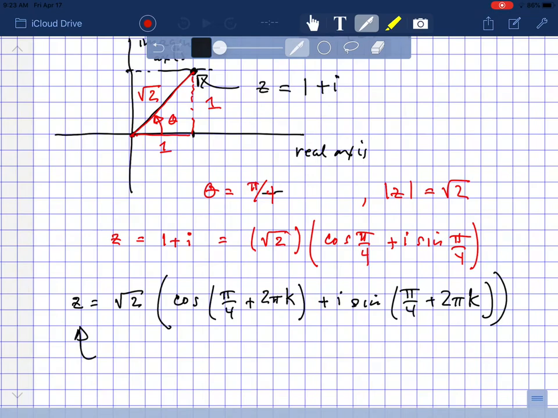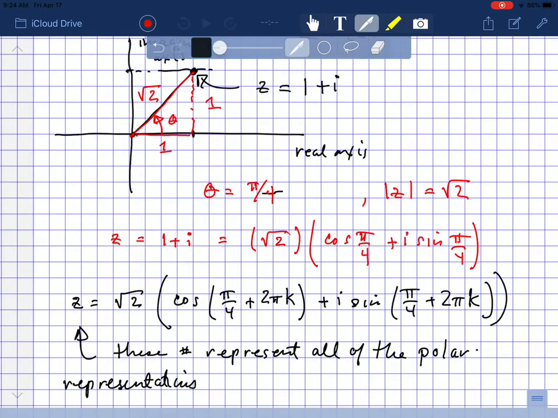There are infinitely many polar representations for a given complex number. So these numbers represent all of the polar representations of z equal to 1 plus I.